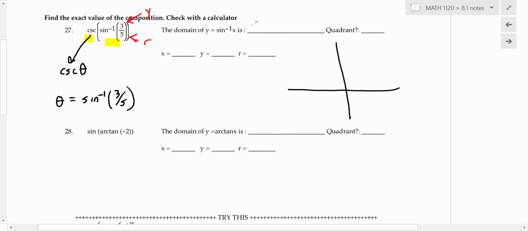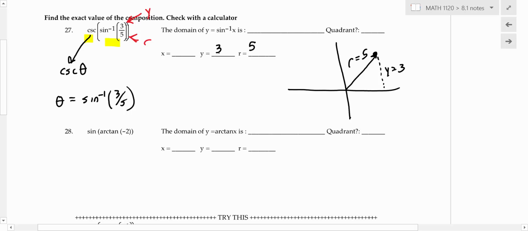Okay, if you're doing an inverse sine, you're going to be either in quadrant 1 or quadrant 4 based on that range. So let's just kind of put a point in there and do a little triangle on this like this. So y is 3 would be that. R is going to be 5 like that. That information comes from the definition of the sine, right? So we have r is 5. We have y is 3 like that.